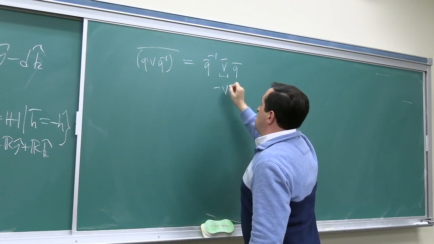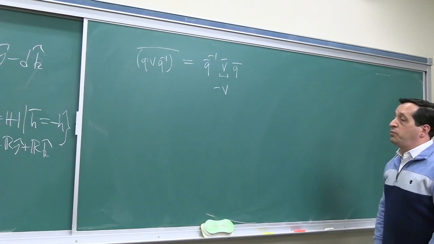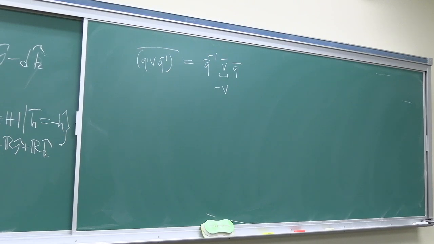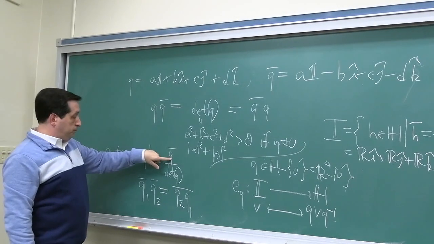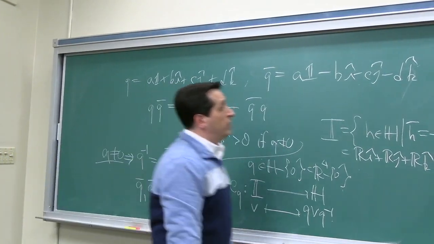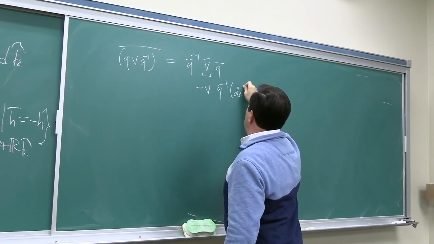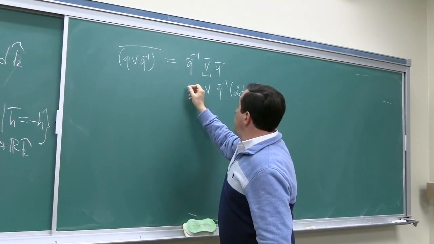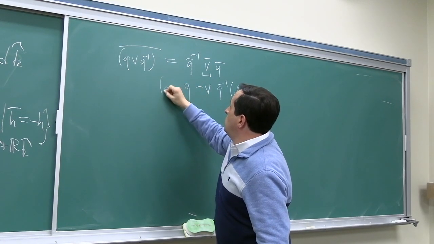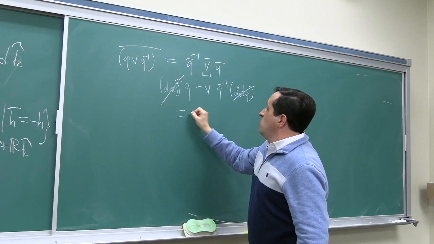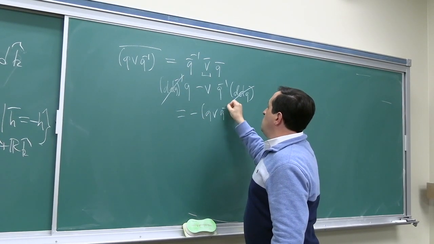V bar is minus V, because I'm assuming V came from this pure imaginary space. And Q bar is Q inverse times the determinant. So this is Q inverse times the determinant, and this is the reciprocal. So it's Q times the determinant inverse. Those cancel out, and then you get the minus.